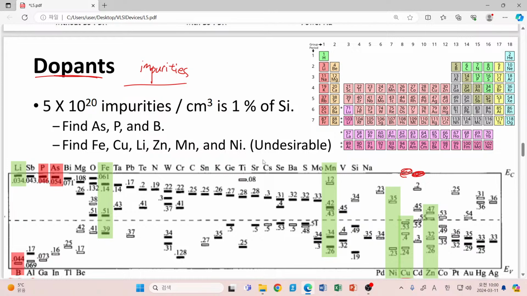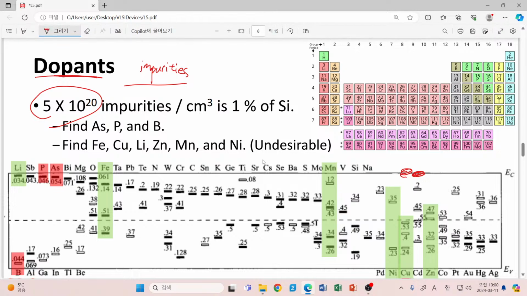For example, 5 times 10 to the 20 per cubic centimeter is an extremely high density, quite close to the upper limit of doping density.